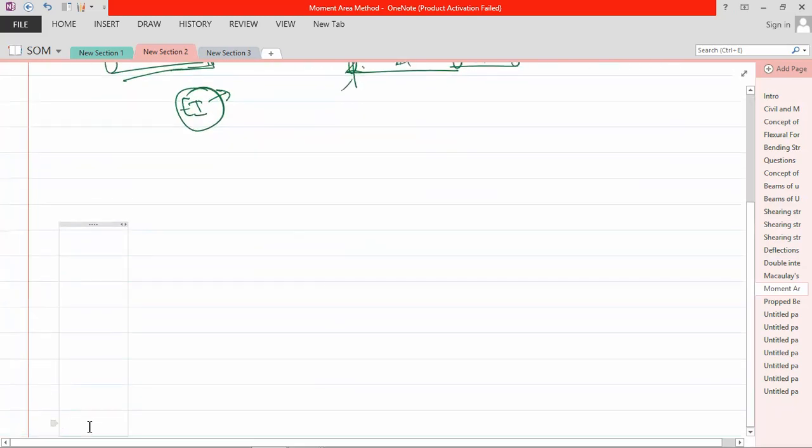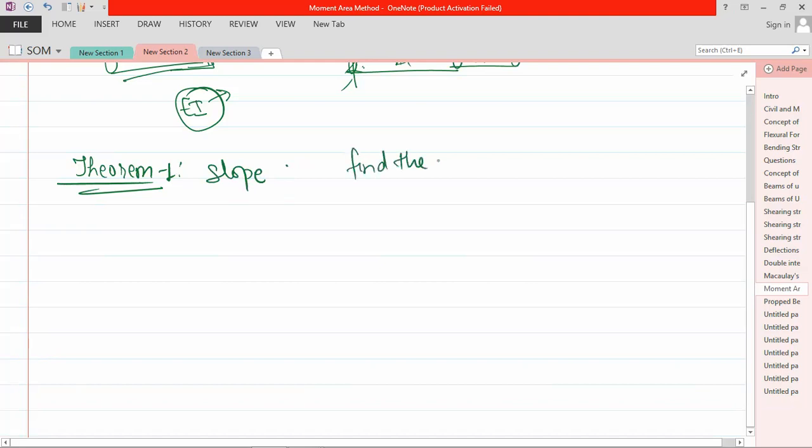The moment area method can be used in other cases also, but this is the most common example. In the moment area method, we have two theorems. Theorem 1 is for slope: you need to find the area between the points and divide it by EI.